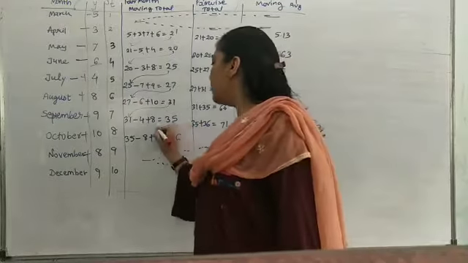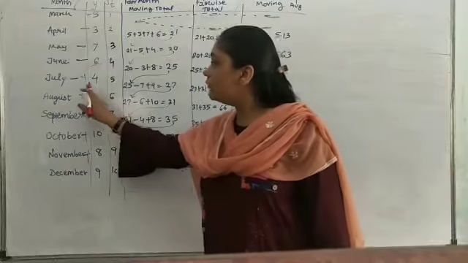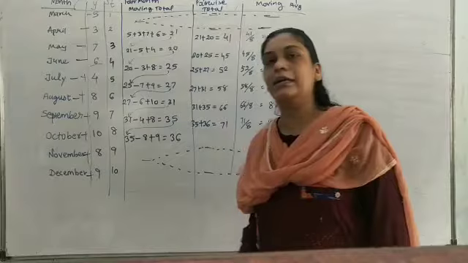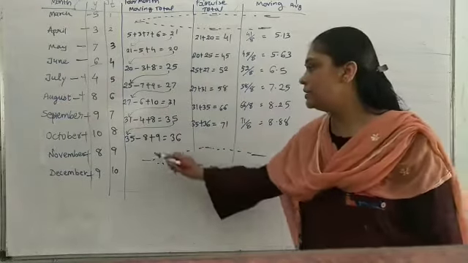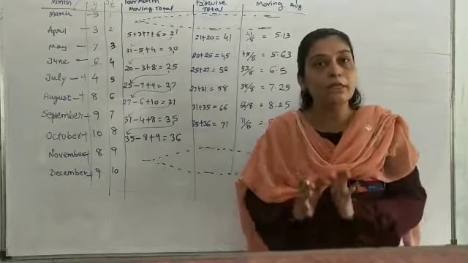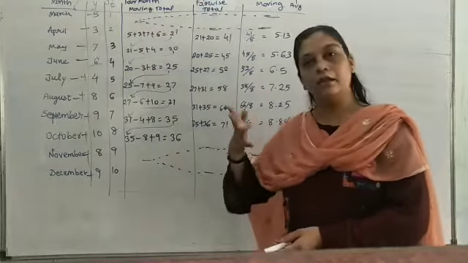And then again come down, 35 minus, from where I stopped, 8, and the last one, that is plus 9. So answer will be 36. So you can see I have covered all the months' numbers by doing so. So my 4-month total column is ready.